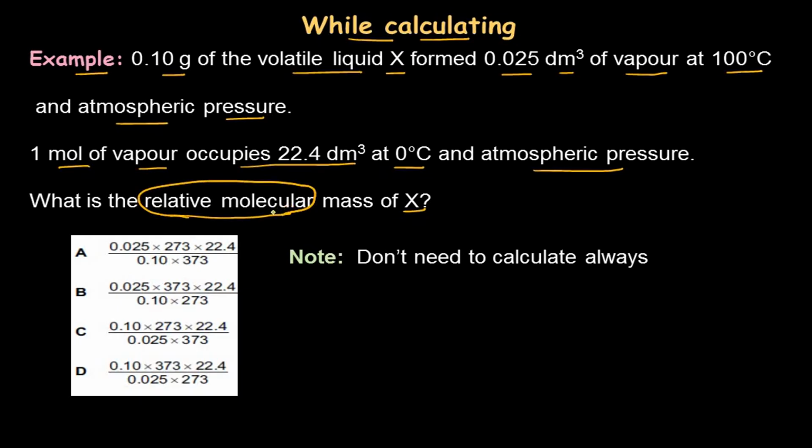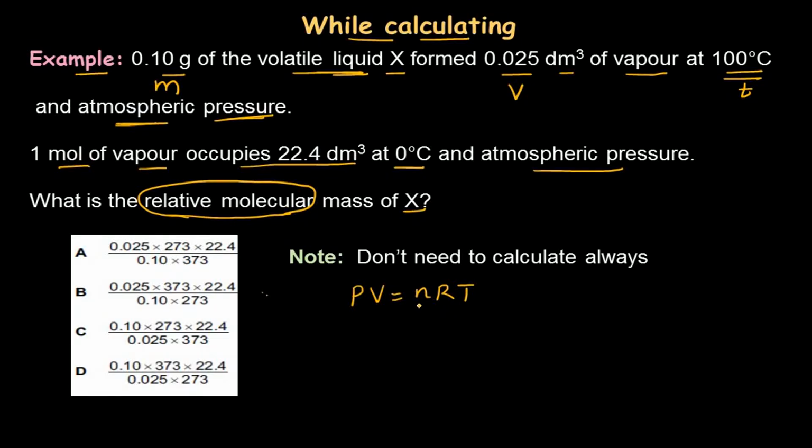So what you are supposed to find is the relative molecular mass. And what data is given to find it? The mass of the liquid X, the volume of the vapor of the same liquid, the temperature, and the pressure, which is atmospheric pressure. So that shows that we need to apply a formula. For an ideal gas, what is the formula? PV is equal to nRT.